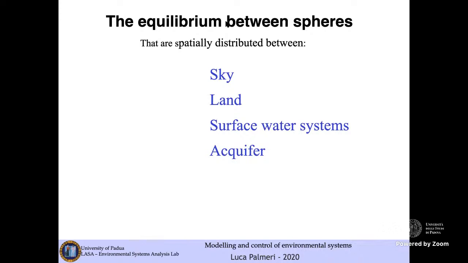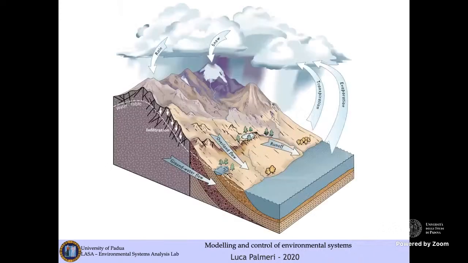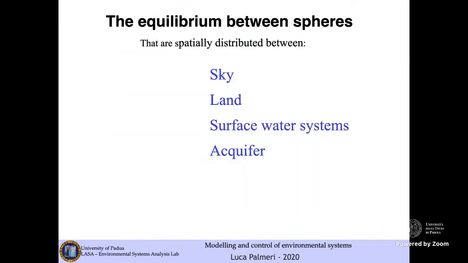The four spheres that classically we employ to describe interactions between the different elements of the ecosystem are sky, land surface, surface water systems, and aquifer. In particular, let's give a look at what happens in the interaction between sky and land.